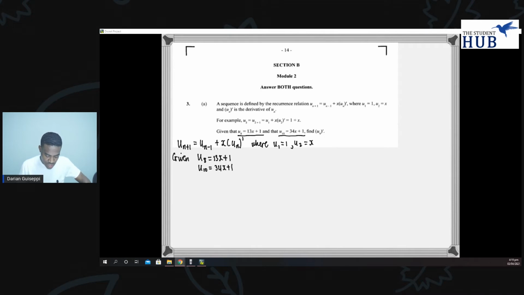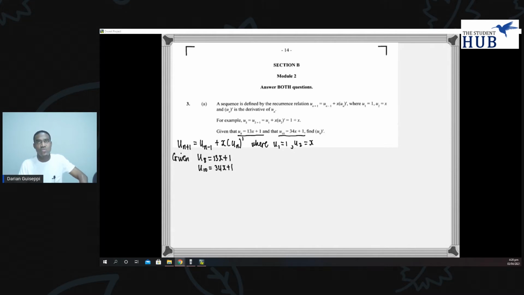So this is the recurrence relationship. And then they gave us u8 is equal to 13x plus 1, and u10 is equal to 34x plus 1. So we have to use this recurrence relationship to find out what this u subscript 9 prime is.